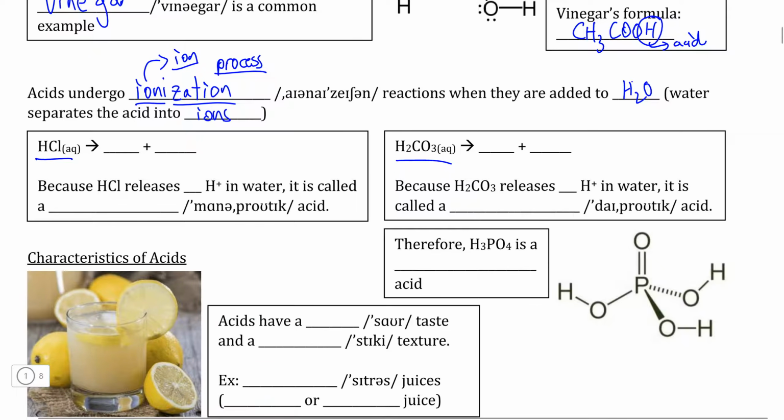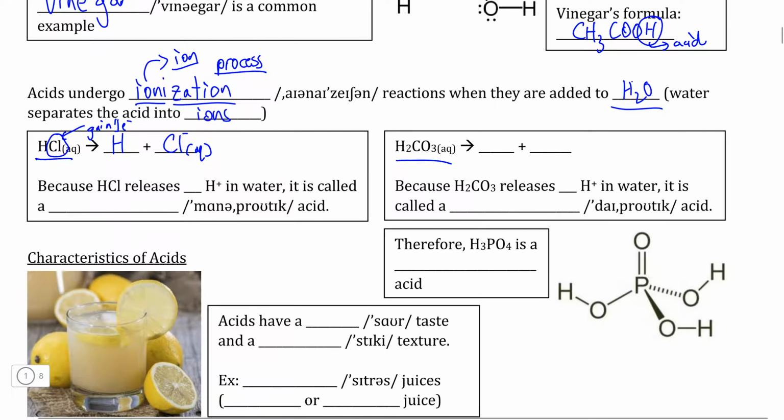So here we know that chlorine as a halogen has 7 valence electrons, meaning it's going to gain 1 electron when it ionizes, and so we would write it as Cl-. And of course we are noting the aqueous state of matter because we are adding the acid to water. Now what's left over is the hydrogen.